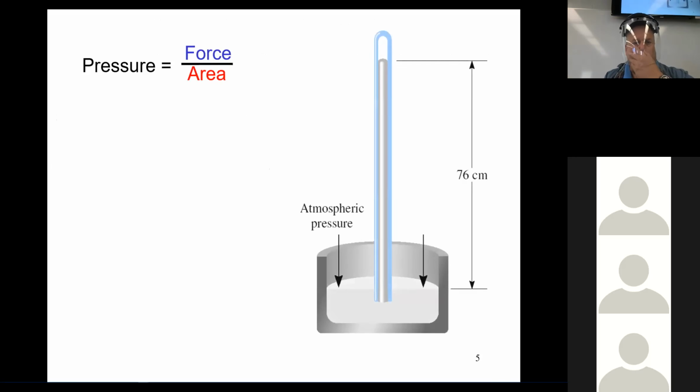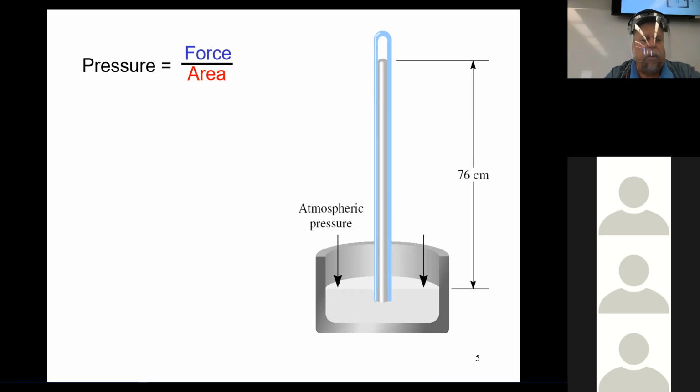Okay, now the pressure for a gas is force over unit area, and the concept of pressure regarding gases has to do with what is called atmospheric pressure.